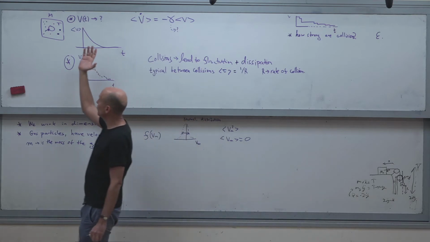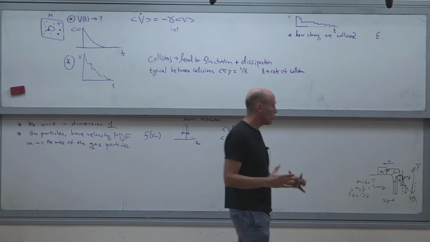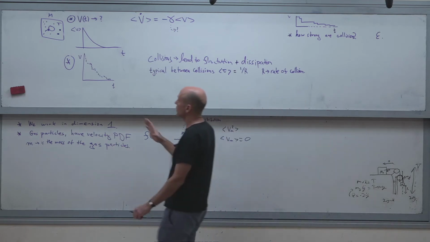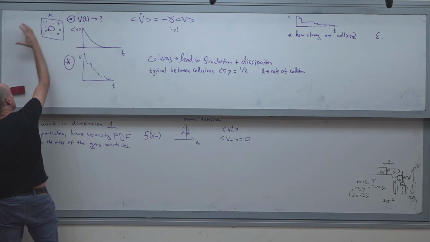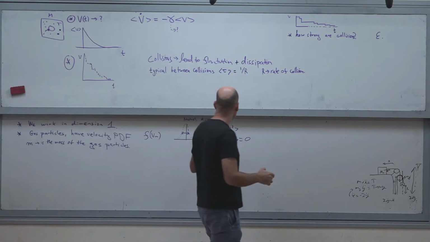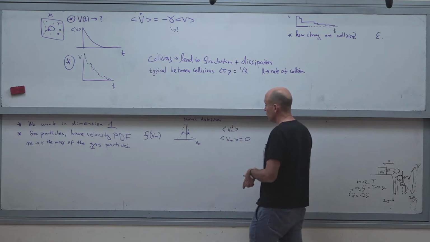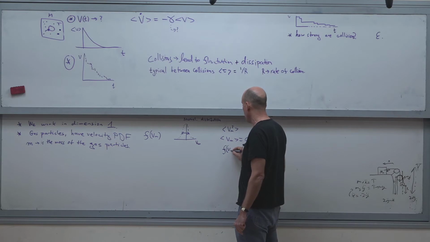It will just go in one direction. So in principle, you can do that if you have some particles that are going from there to here. You can move this big particle by collisions in one way. But we are not considering this. So we are going to assume that the average velocity of the gas particles is 0. In fact, we are going to always assume that this function is symmetric.